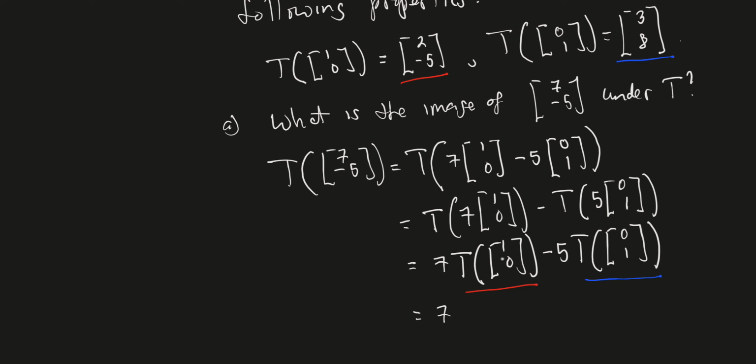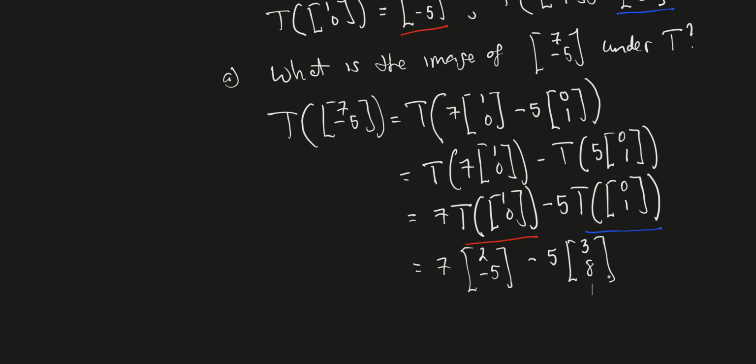So the image of (1, 0), well, that's the vector (2, -5). So I have (2, -5) there. And then minus 5 times the image of (0, 1), which is (3, 8). Right? And then let's go ahead and do our vector operations to do our scalar multiplication.